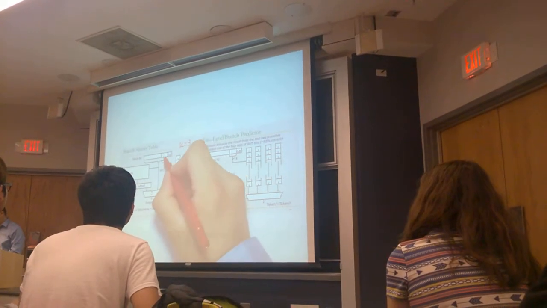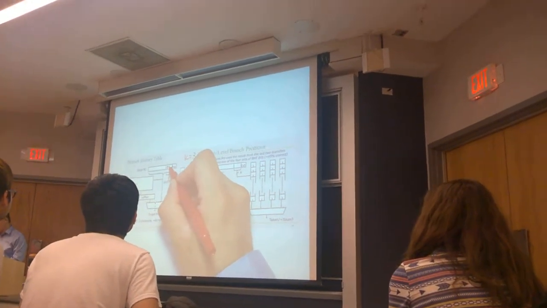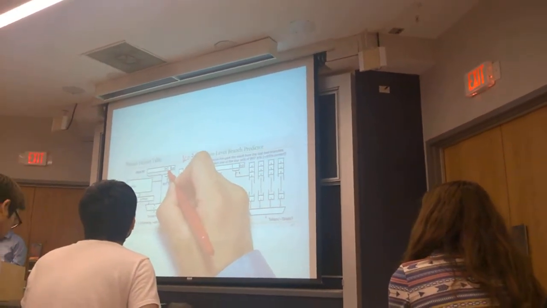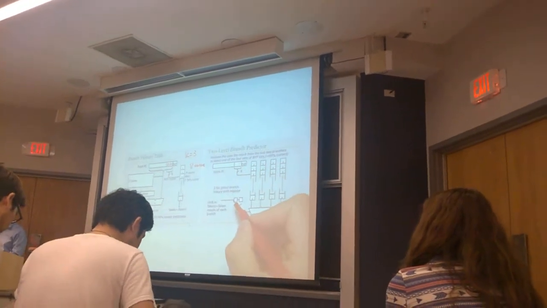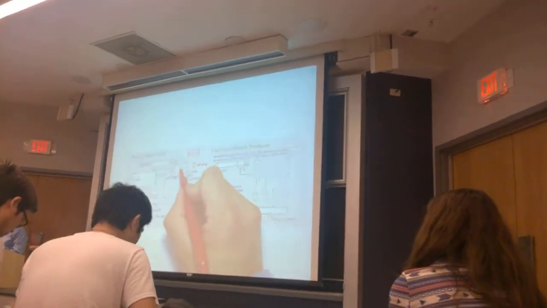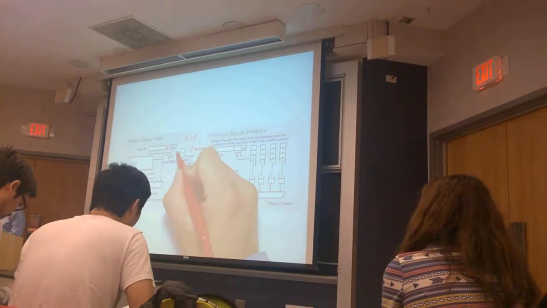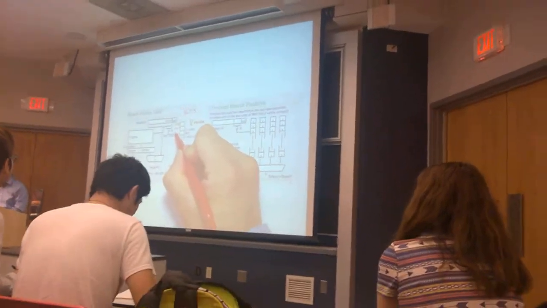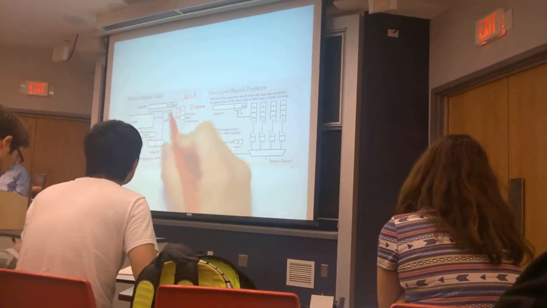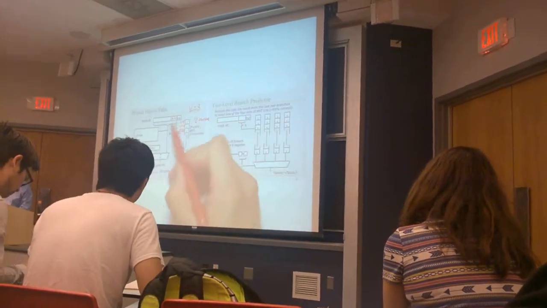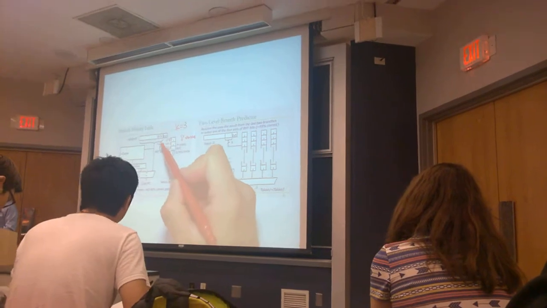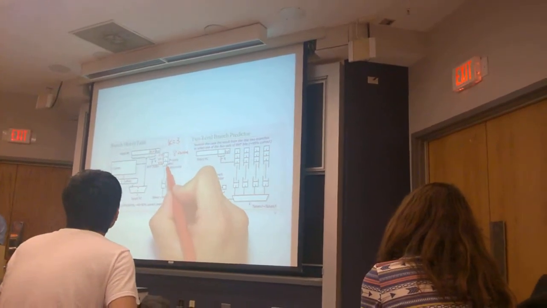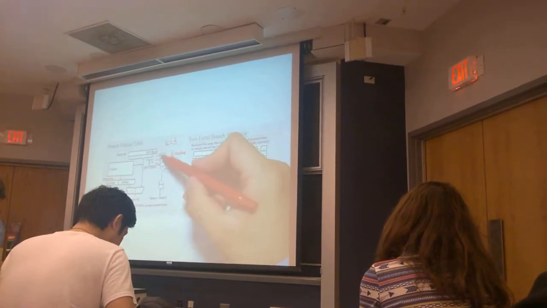Let's say the bits here are 1, 0, 1, 0, so the entries are 0, 0, 0, 0, 0, 0, 1, 0, 1, 0. So this PC value will index to the third entry in the branch history table.